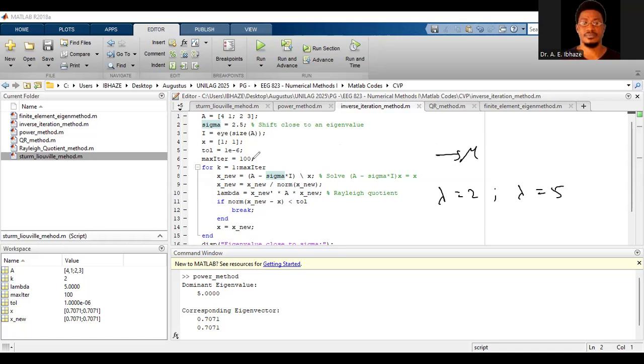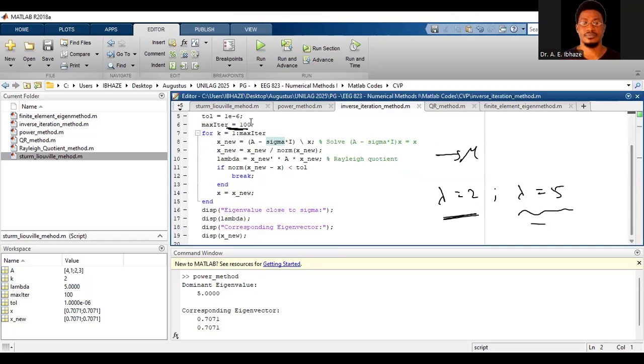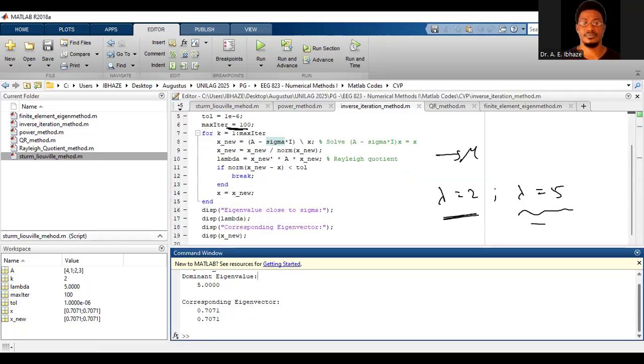And in this case, we have identified a shift of 2.5, which exceeds the first. So now we expect this program to return lambda being the same as 5. Okay? And once we run this program, let's clear this.